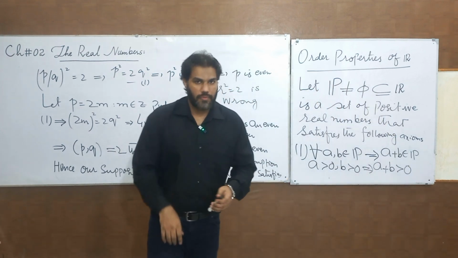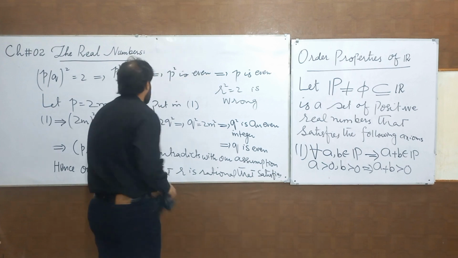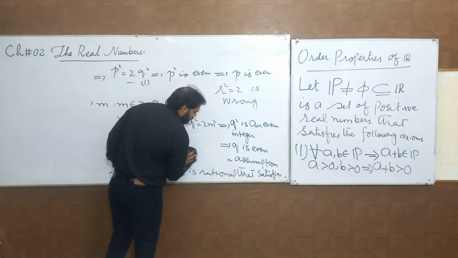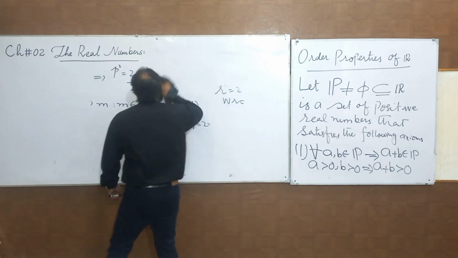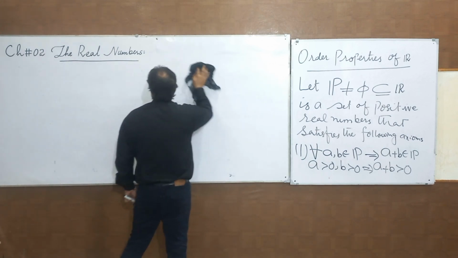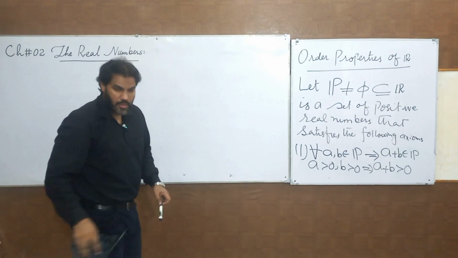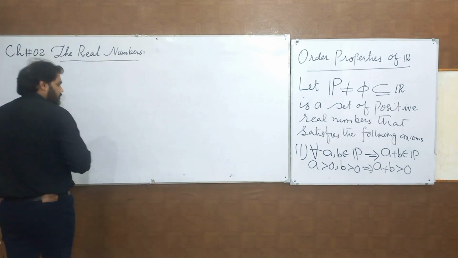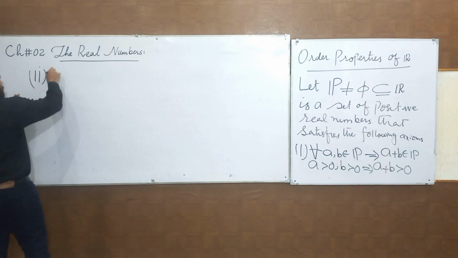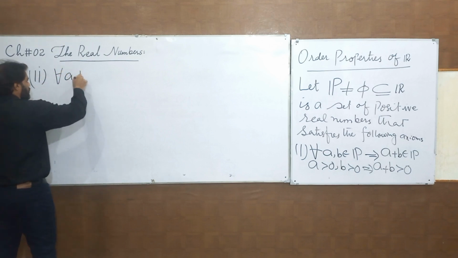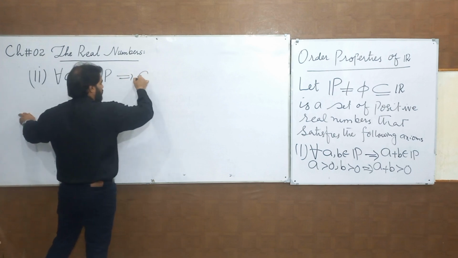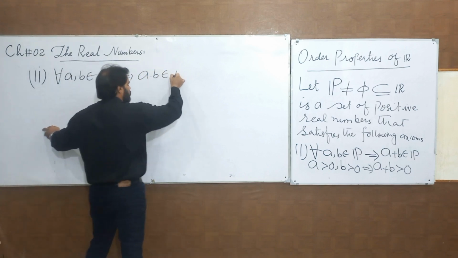This is the closure law with respect to addition. Next one is the closure law with respect to multiplication. In multiplication, we say that if a and b are two real numbers from P, this implies their product a into b also belongs to P.